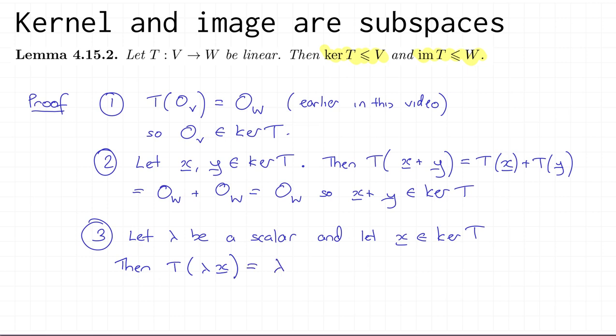Part 1 of the definition of T being a linear function is that T of lambda X is lambda times T of X. So this is lambda times the 0 vector in W, because X was an element of the kernel of T. So that is the 0 vector again.